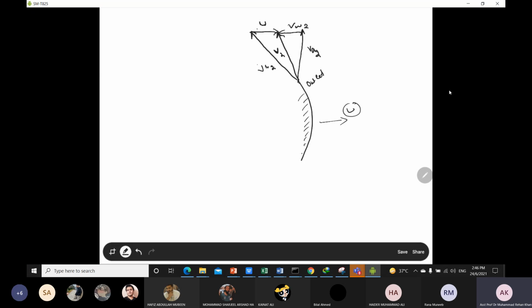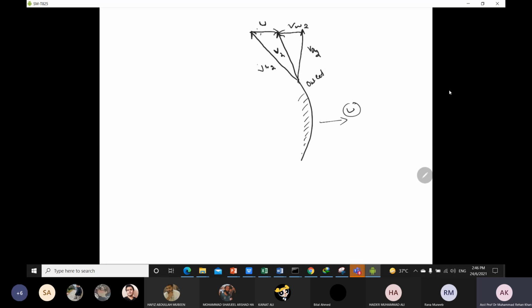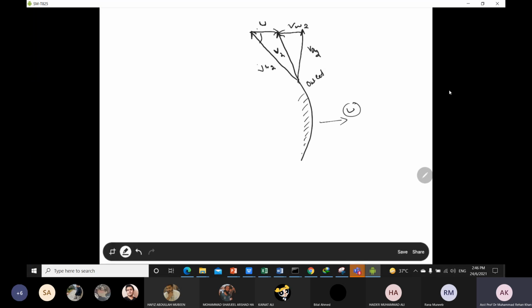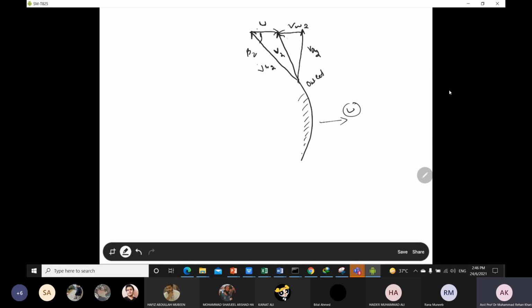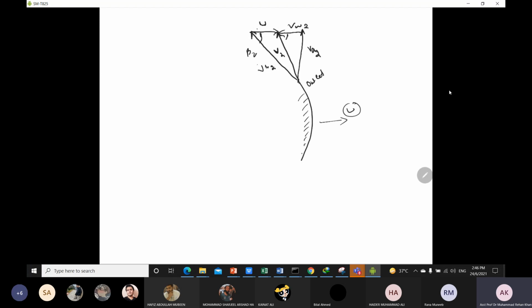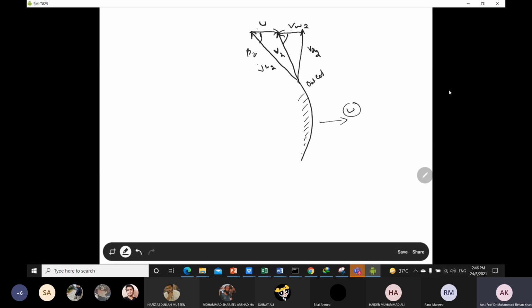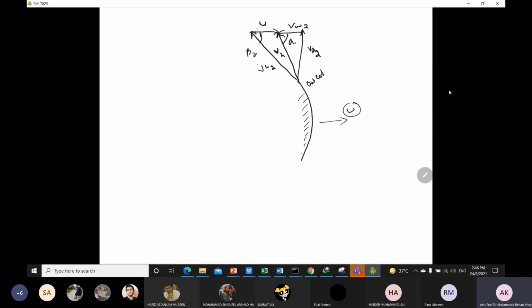Now if we look at the angles, between U and Vr2 we have beta 2, just as in the inlet diagram we have beta 1. Between VW2 and V2 we have alpha 2.